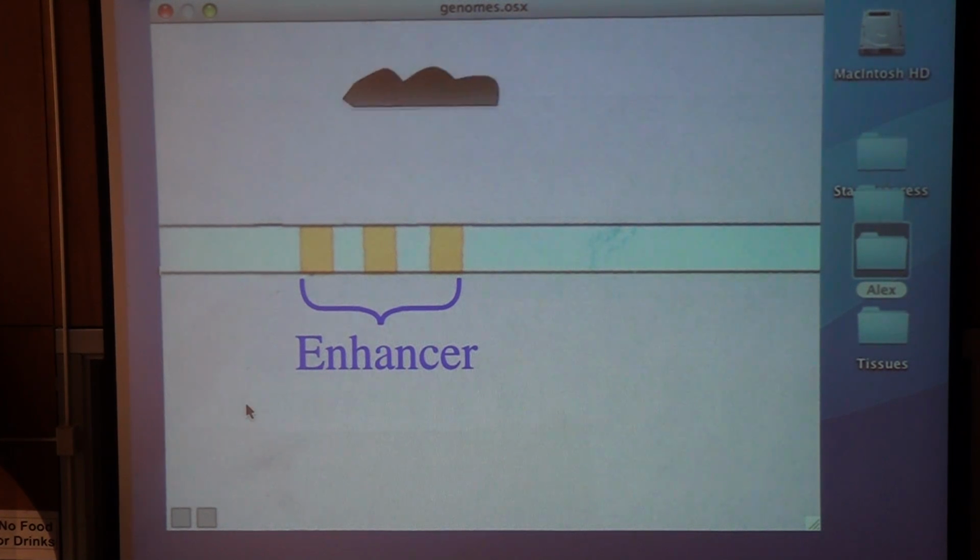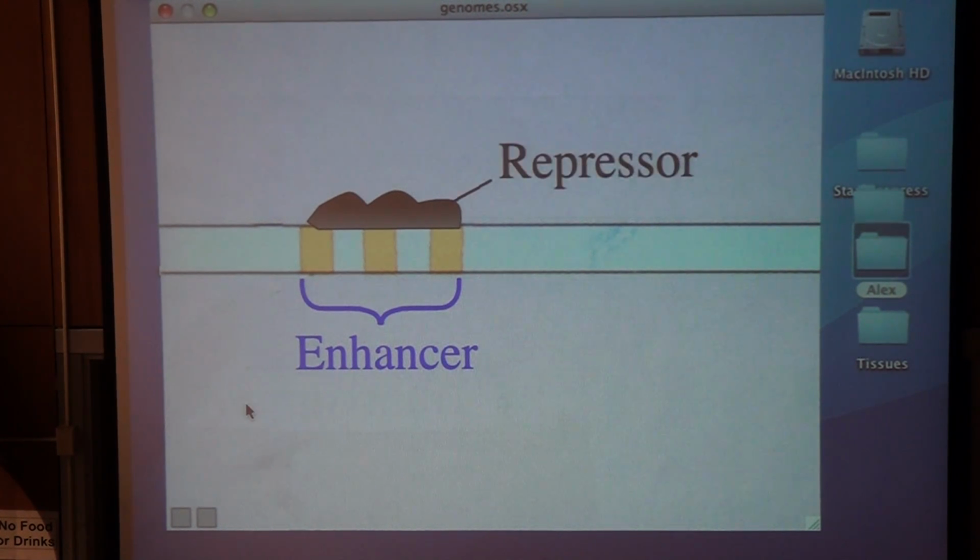Here's one of these repressor proteins. It just binds to those same sequences, the control element sequences, so the activator proteins can't get at it, and hence the repressor protein decreases transcription of the gene. Pretty straightforward. That's the way a lot of these repressor proteins work in eukaryotes.